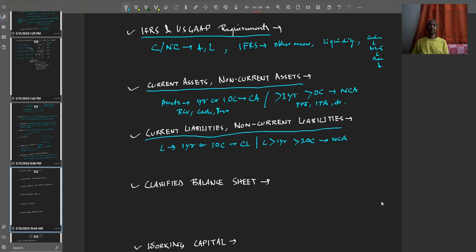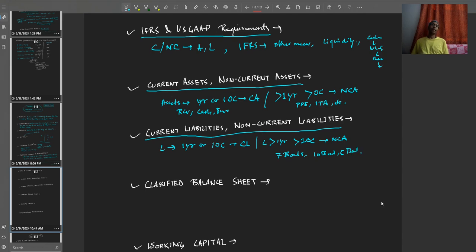Perhaps a company has taken a 7-year loan. It has issued 7-year bonds. That is a non-current liability. It can be a 10-year bond, it can be a 5-year bond, like that.